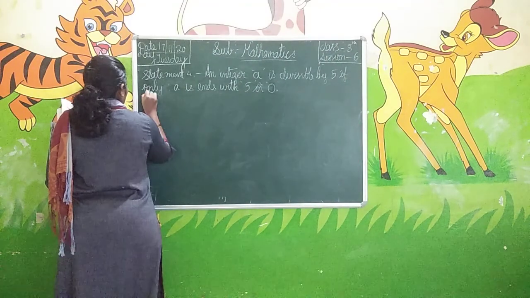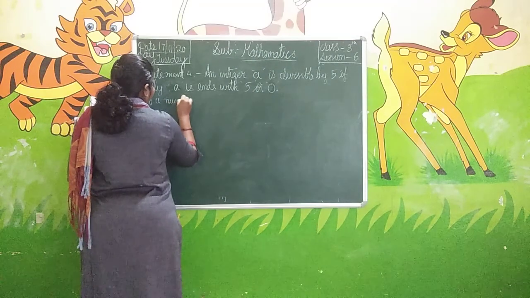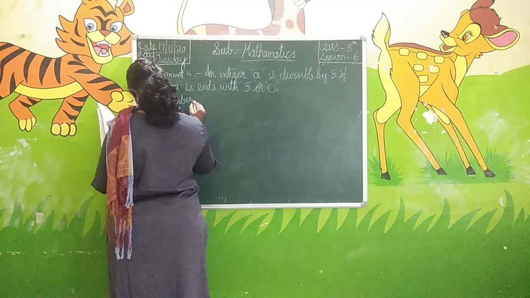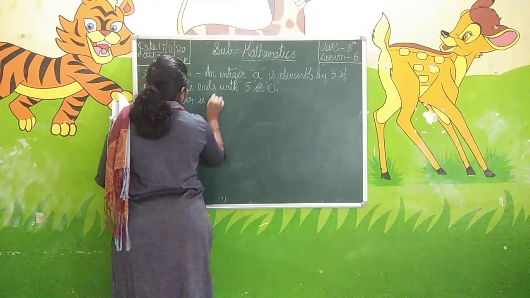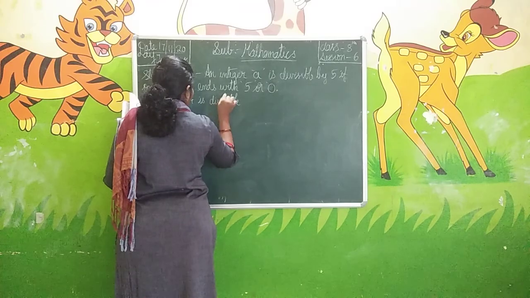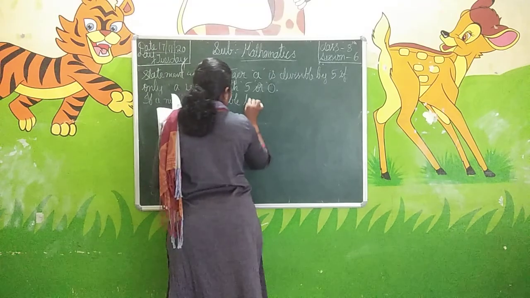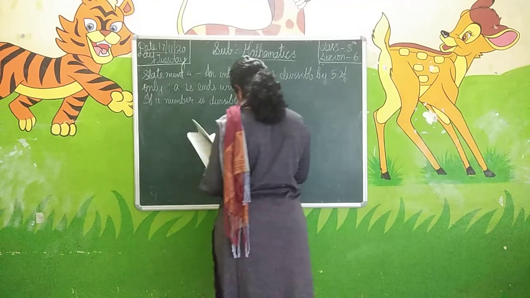And a number is divisible by 10 if a ends with 0.